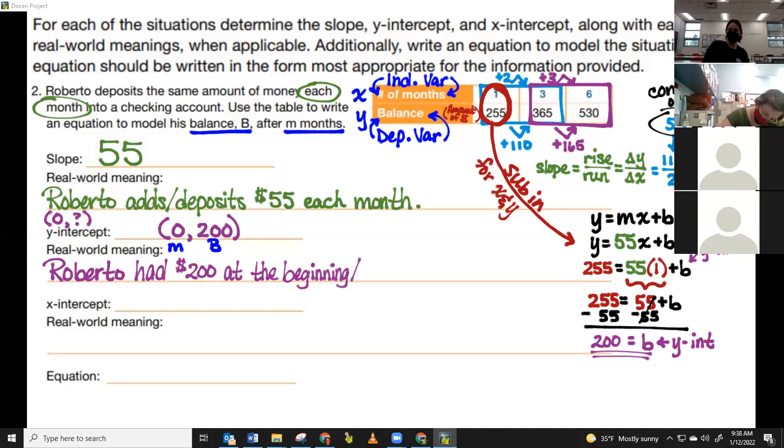Or when he opened the account. Or I could say that he had an initial deposit of $200.